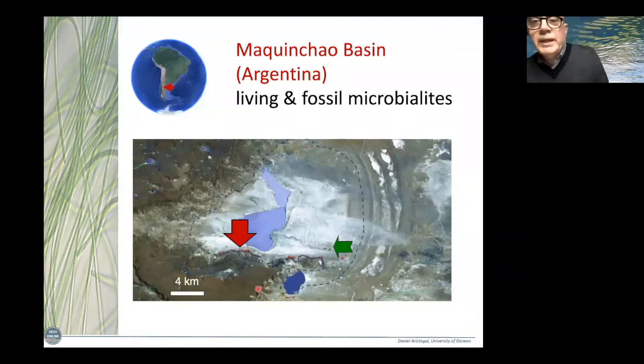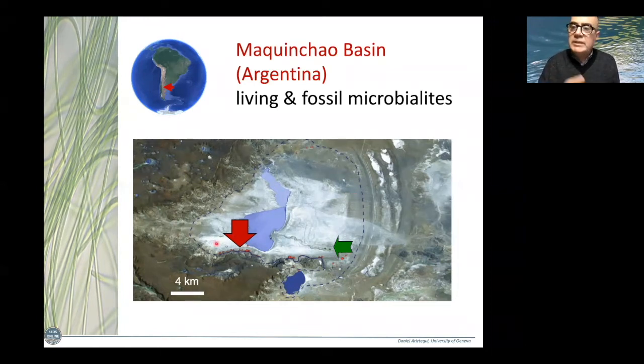The Maquinchao Basin is very interesting because it has living and fossil microbialites. This basin has been studied for many years now by different groups, because as you can see here, there is a beautiful shoreline that has been associated to the times in which the lake was a lot larger than today. The two lakes were only one.